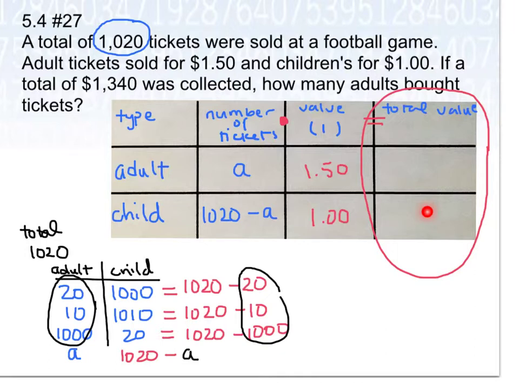So the expression for the total value of adult tickets is going to be $1.50 multiplied by A, and the expression for the total value of children tickets is going to be $1 multiplied by 1,020 minus A. The neat thing about this particular column is now we are ready to set up our equation.